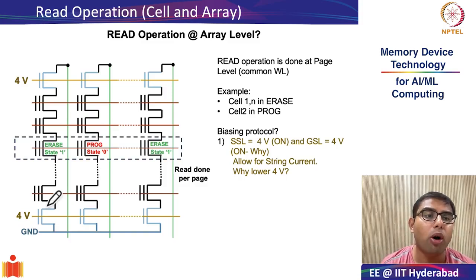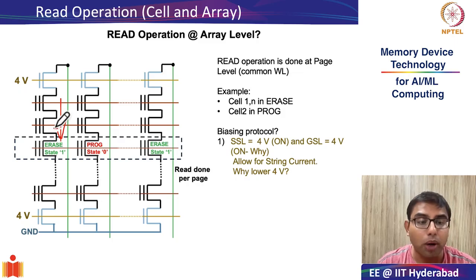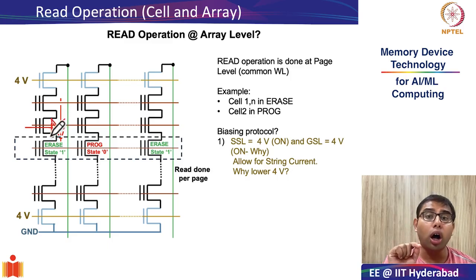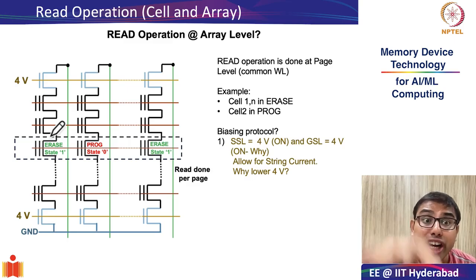Both at program operation and erase operation, you did not want any string current to flow. During program operation and erase operation, you would want only charge transport to happen in the direction from the control gate into the channel, or the floating gate into the channel. But this is not what you want in case of read operation.